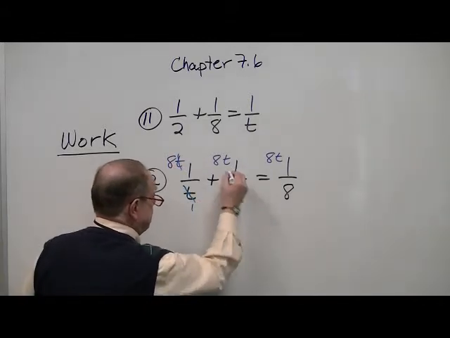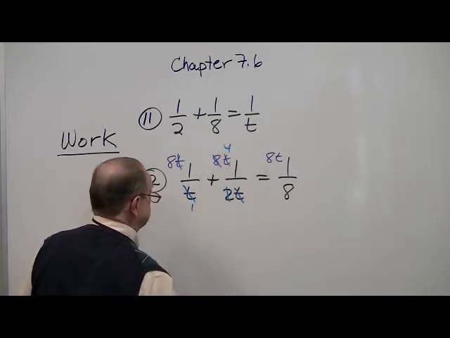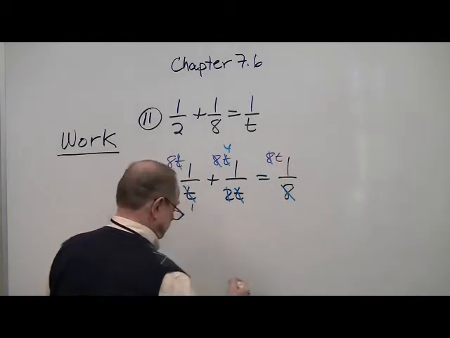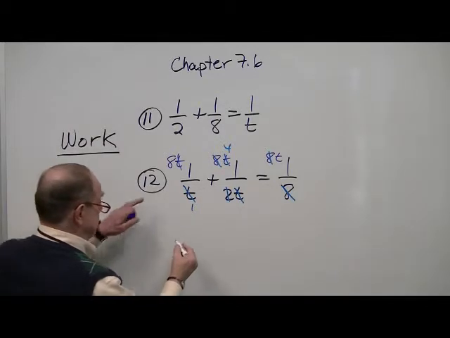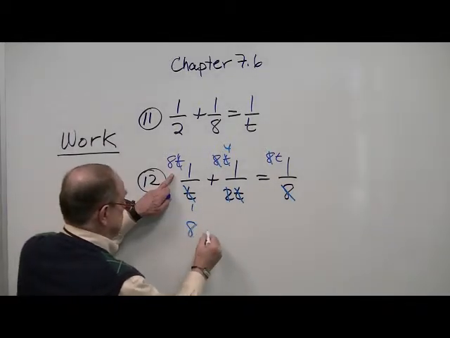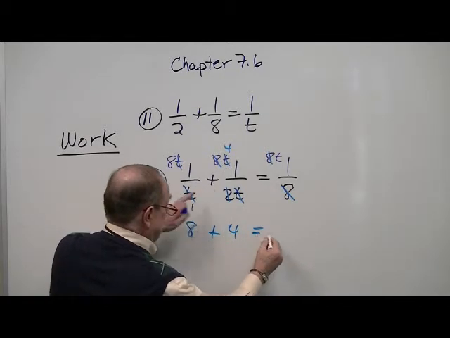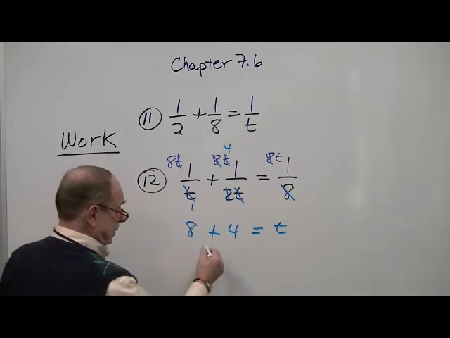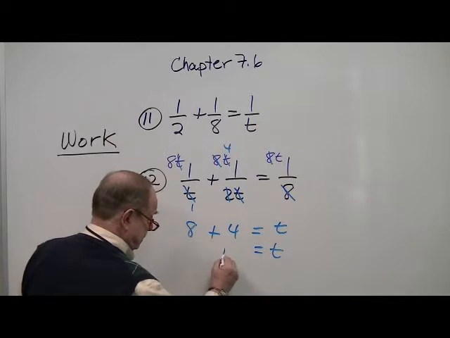Here the t and a 2, and this is left with a 4. And then here the 8 cancels out. So we now have 8 plus 4 equals t. So t equals 12.